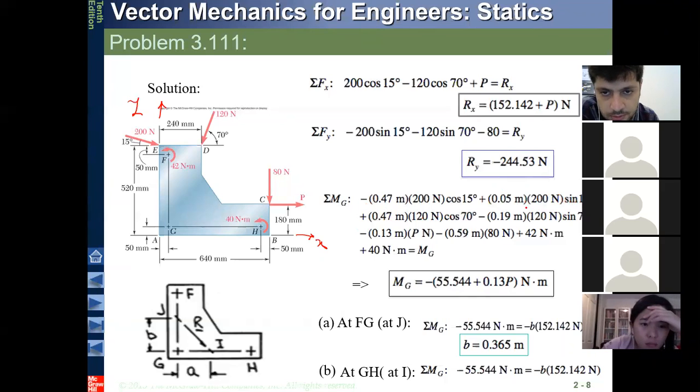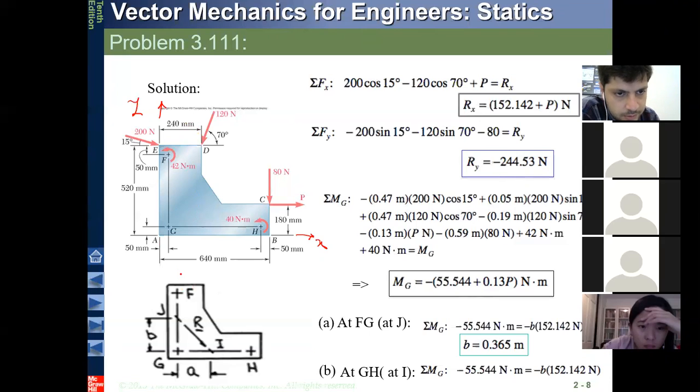Well, the first line is related to the 200 Newton force. The second line is related to 120. Again, for the X component, you have the same distance as the X component of the first force, so it would be 0.47. And for the Y direction, what is the distance?